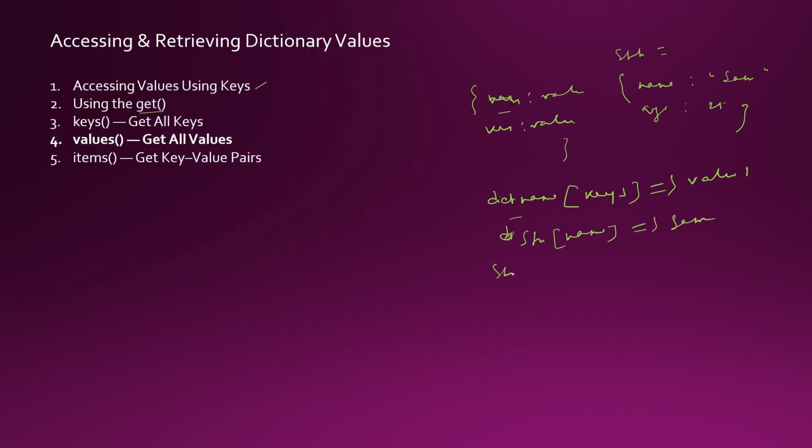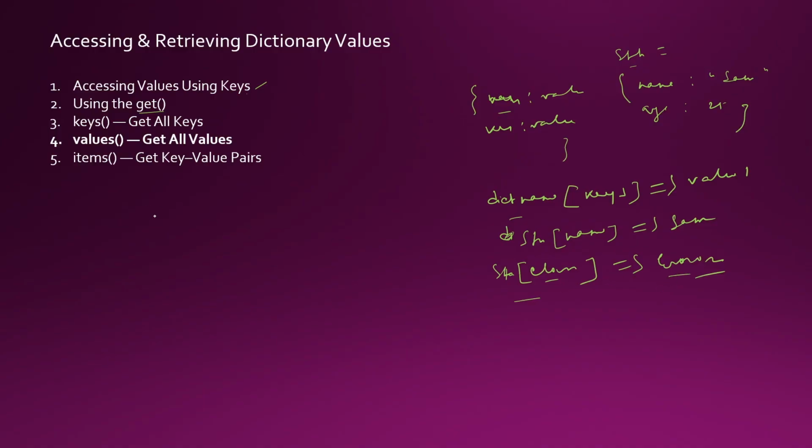But if I mention student class, does my dictionary have this class key? No, right? In this case, it will show me an error. So in this method, if my key is not present in my dictionary, then it will throw an error.